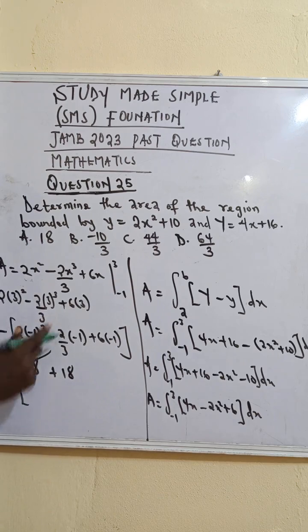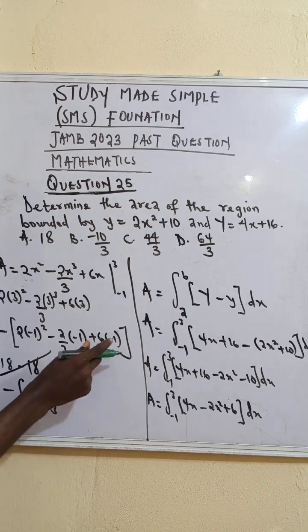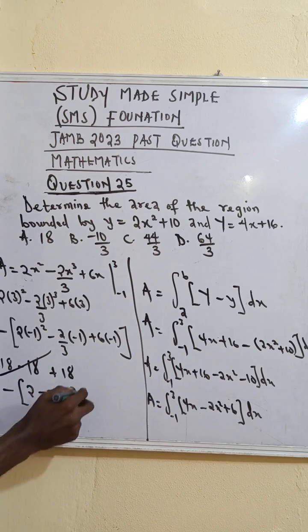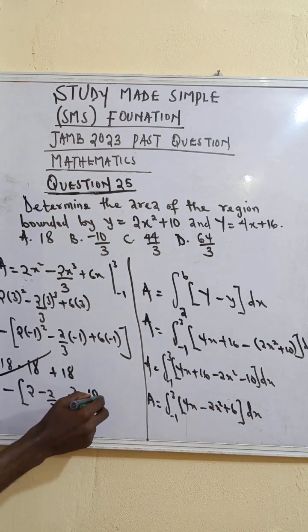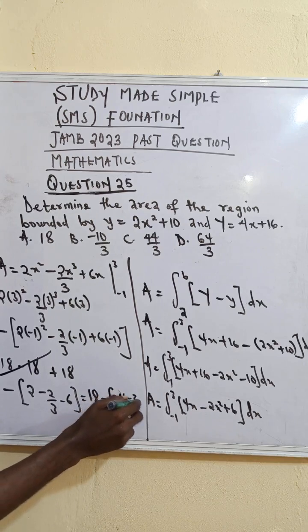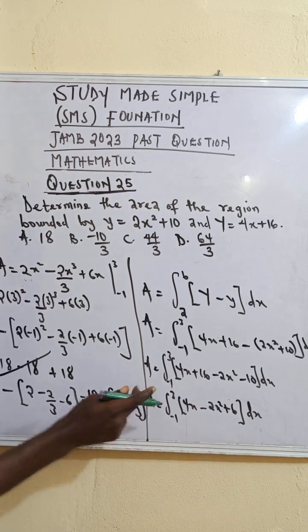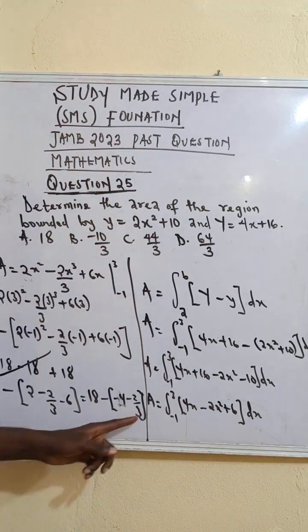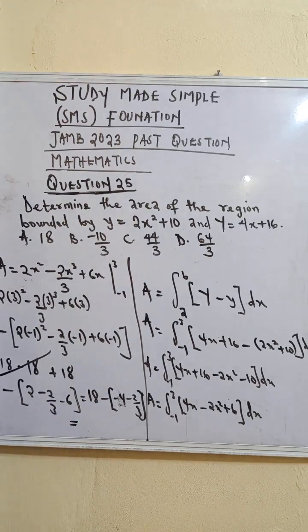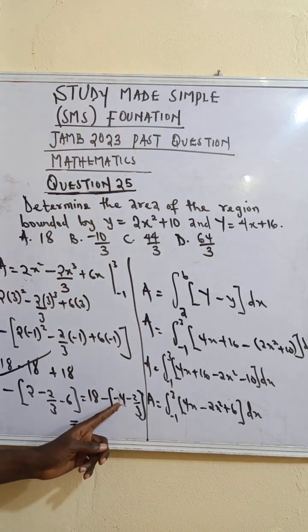Minus, of course, this will give me 2. This will give me minus 2 over 3. And this will give me minus 6. 2 minus 6, that will just give me minus 4. So I'll be having 18 brackets minus bracket 4, minus 4 minus 2 over 3. So if I combine this and this, 2 times minus 3 minus this, that will give me 3 times minus 4, that's minus 12.